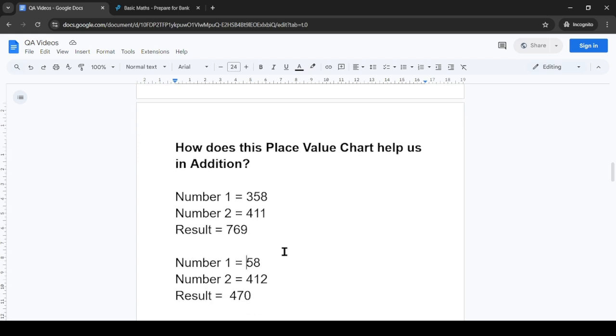But now another example: the first number is 58 and another number is 412. If we don't place these numbers as per the place value chart, then the calculation may go wrong, and we would be calculating 2, 9, and then 5 plus 4, 9. So this total is incorrect.